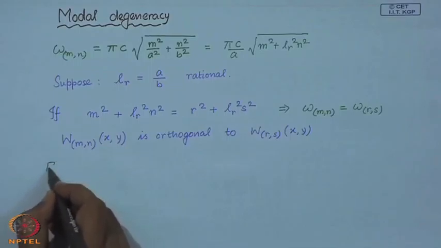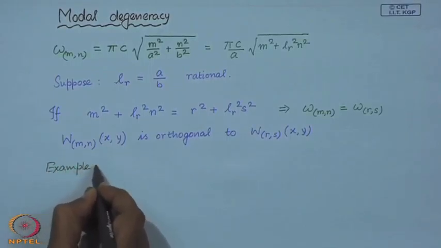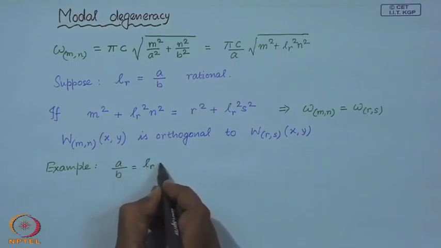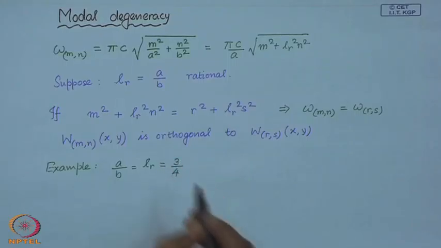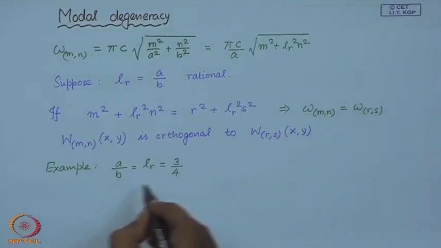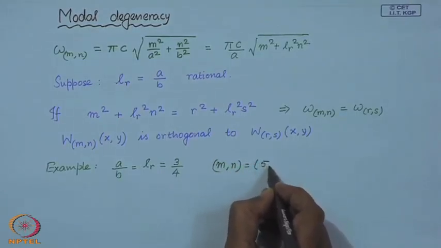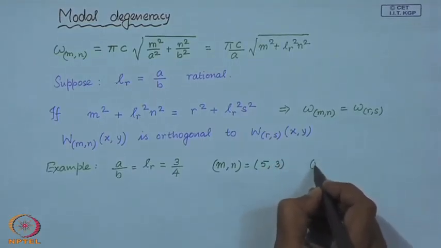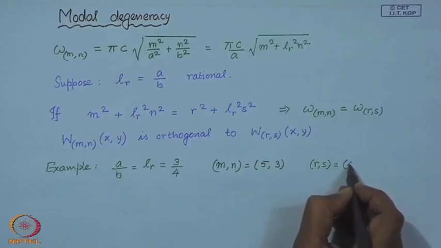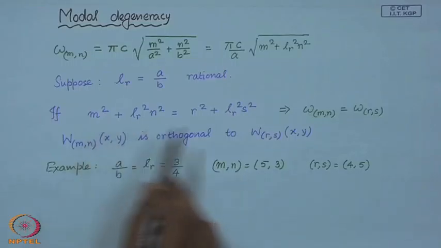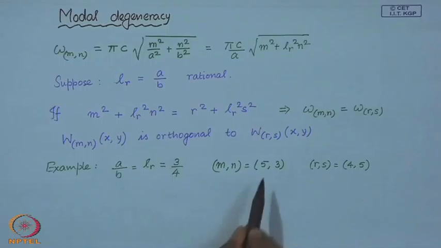Now, let us see an example. For example, if a over b, which is L r, is 3 over 4, in that case, if you take m n as 5 3 and r s as 4 5, then you can easily check that for L r 3 over 4, these two give identical circular natural frequencies.